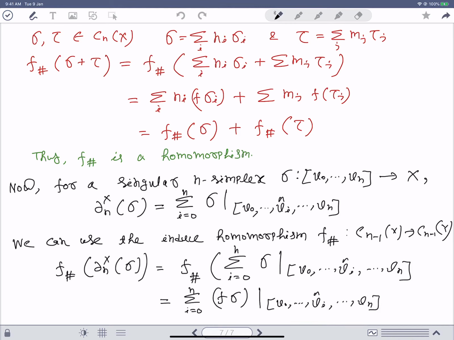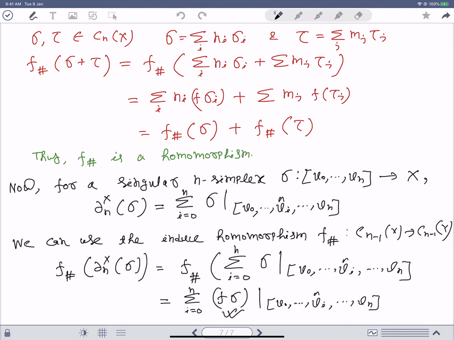Now note that sigma restricted over this was a singular n minus 1 simplex, and we apply f here, therefore f of sigma restricted over this will be a singular n minus 1 simplex in y, and we are taking that summation.